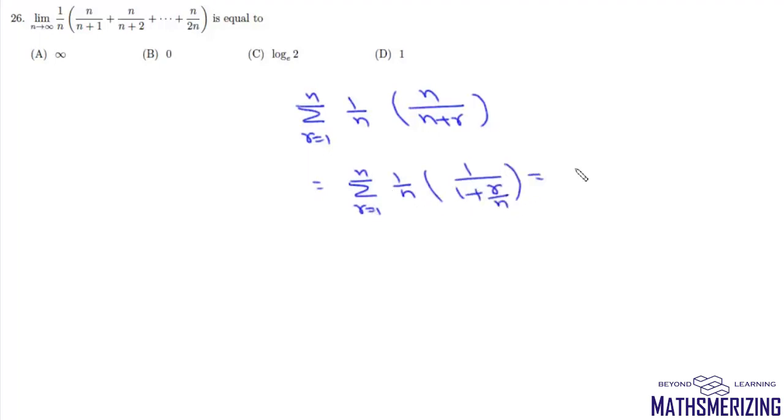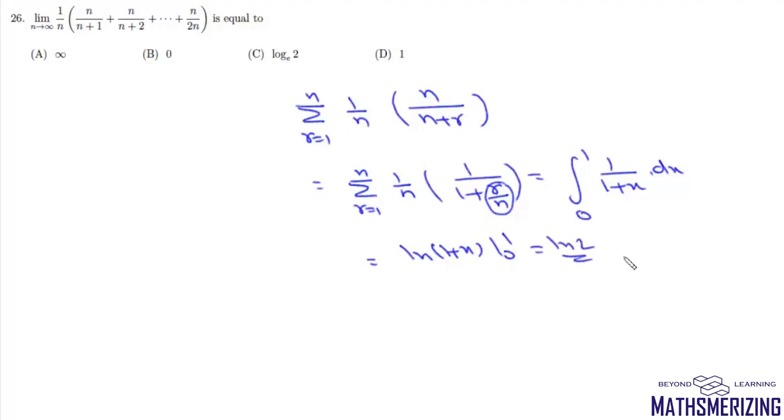Now we'll replace this summation with the integral sign. Now we'll replace r by n with x. So it'll be 1 upon 1 plus x, and 1 by n is nothing but dx. Now limits: when r is 1, it is 1 by n, which is 0, and then n upon n is 1. So it'll be simply log(1 plus x) from 0 to 1, which is nothing but log 2. So the value of this limit is log 2, and that's your option number C.